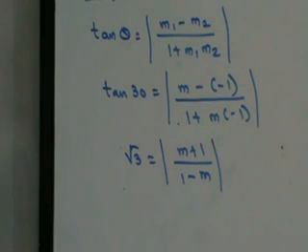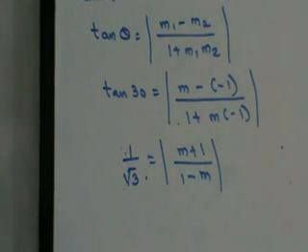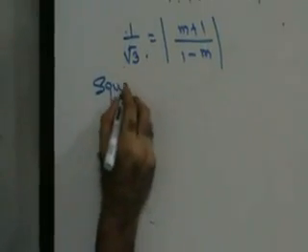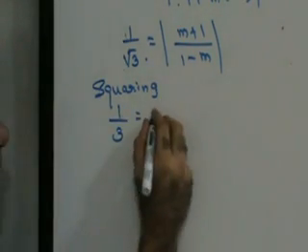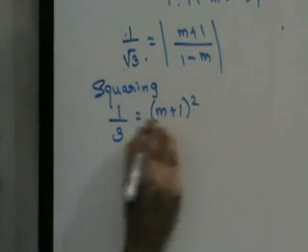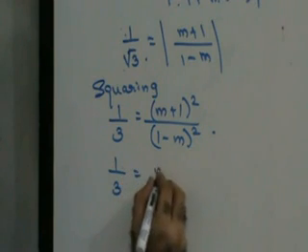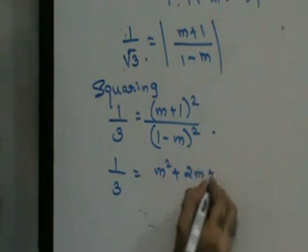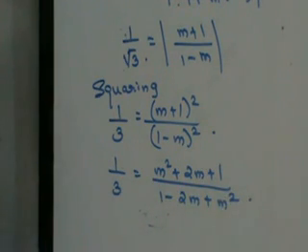Now, in order to get rid of the modulus sign, I need to square both the sides. Tan 30 is 1 by root 3 people. So if I square both the sides, I'll get 1 upon 3 is m plus 1 the whole square upon 1 minus m the whole square. 1 upon 3 is m square plus 2m plus 1 upon 1 minus 2m plus m square.